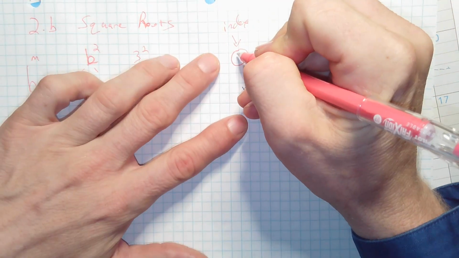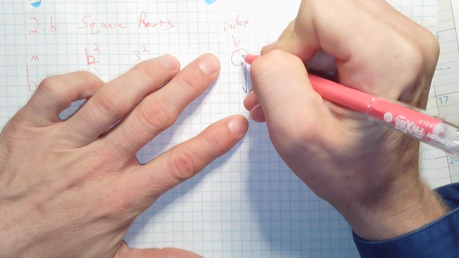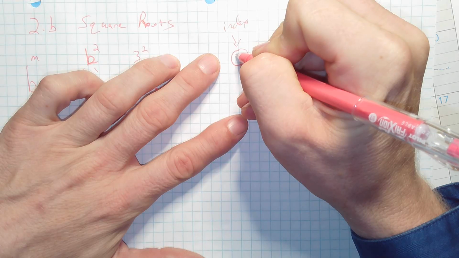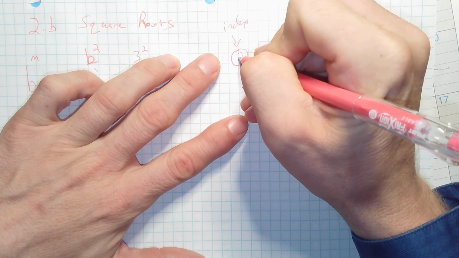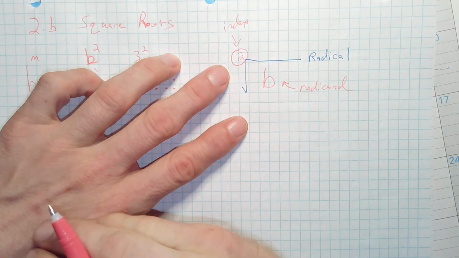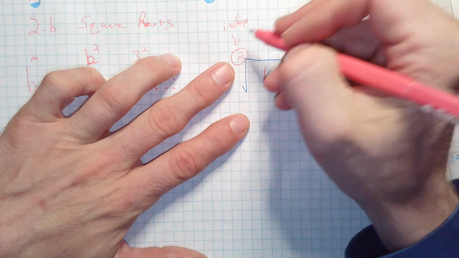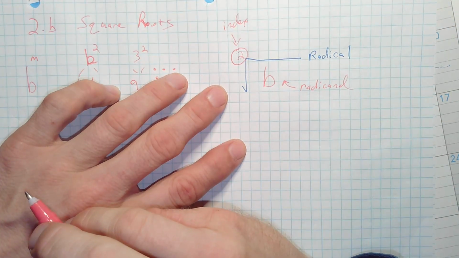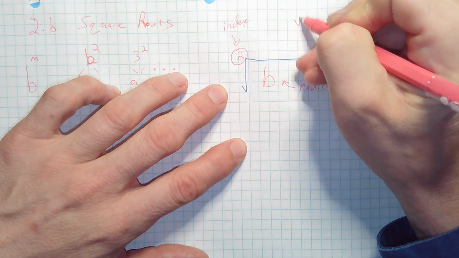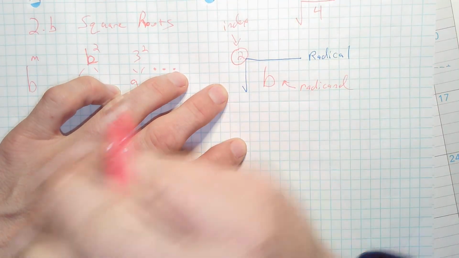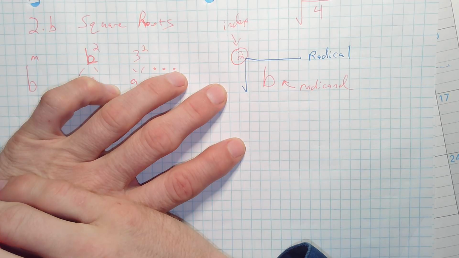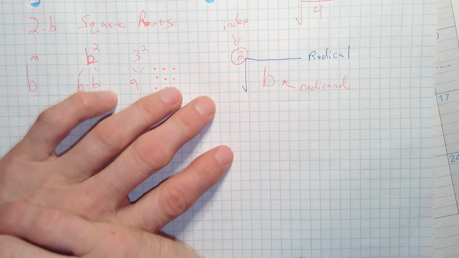Usually if there's no number here, you assume that it's 2. There's an invisible 2 there if there's no number there. So this, for instance, would be the square root of 4.